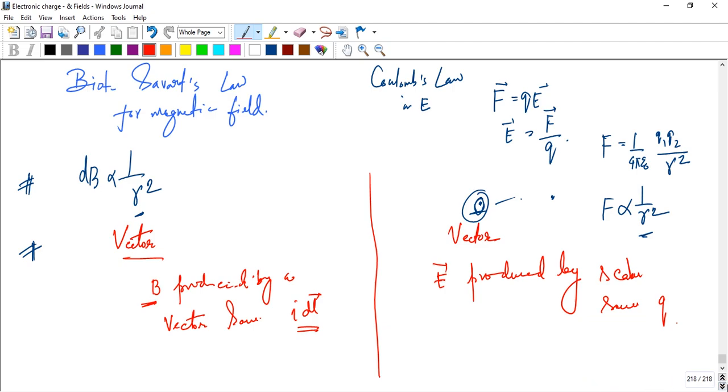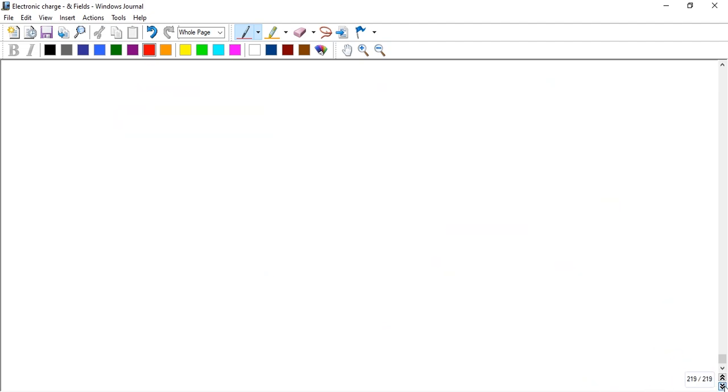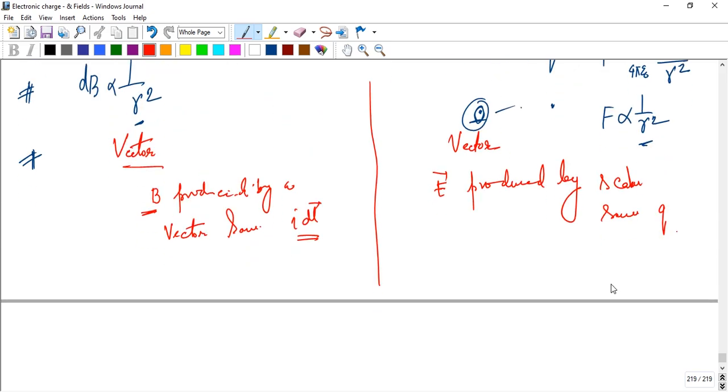Now there is another important difference. The magnetic field B is perpendicular to the line, but the electric field is parallel to the line joining the two charges.